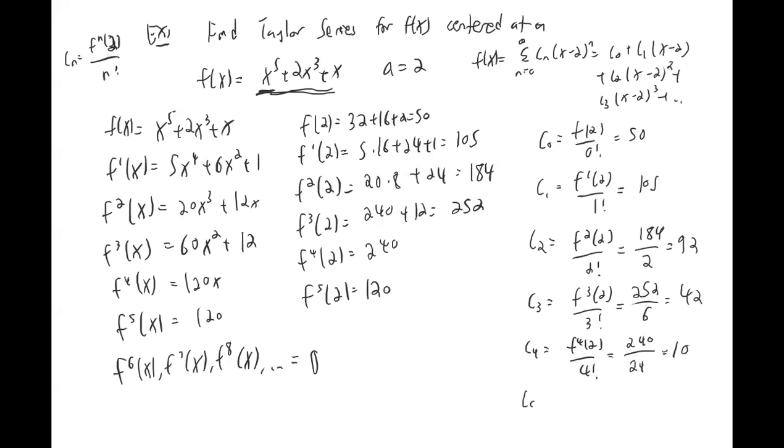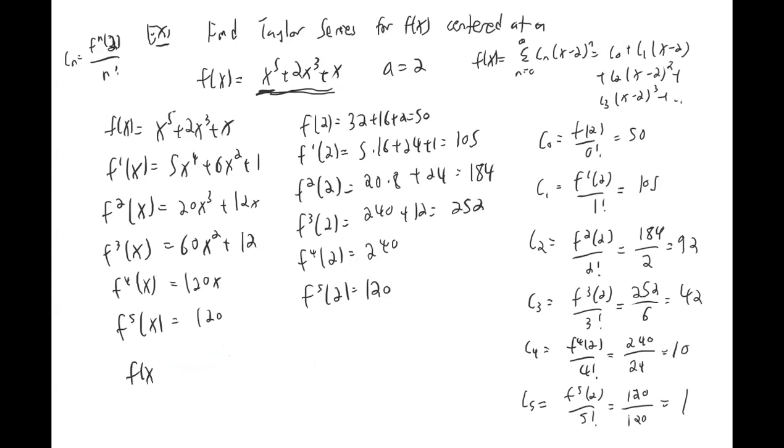And then C5 is f5 at 2 over 5 factorial. 120, well, what's 5 factorial? 5 times 4 times 3 times 2 times 1. That's actually 120. This is just 1. You are done. Like we said, C6 and everything else was 0, right?